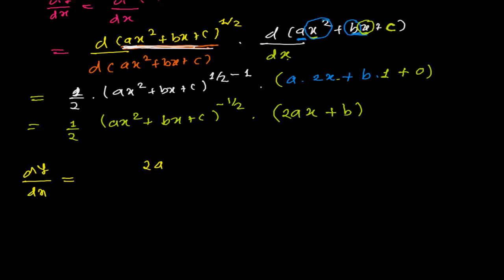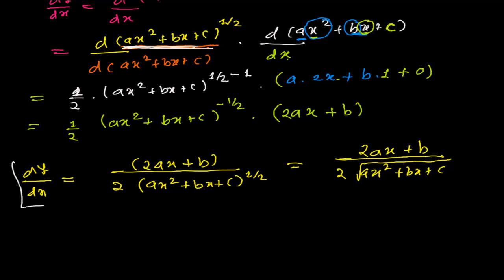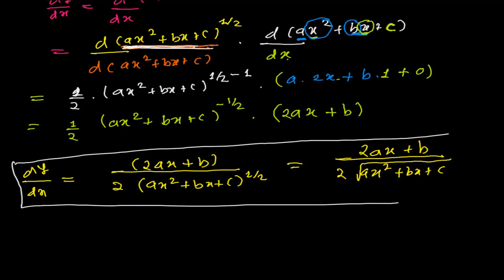The numerator is here 2ax plus b, and then whole divided by 2, and this minus half is there, so it will go downstairs, it will be (ax square plus bx plus c) to the power 1 by 2 in the denominator. Now an even better way we can arrange it: whole divided by 2 times the square root of (ax square plus bx plus c), right? Let me put it inside the root. So here we have finished. I mean, I'm done, right? We have finished our problem.